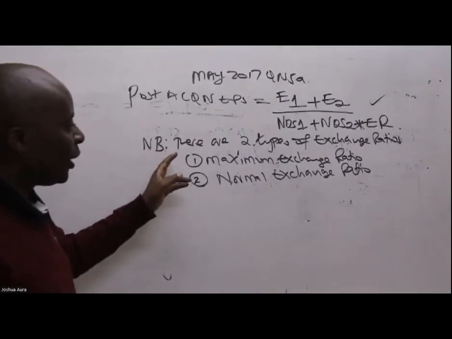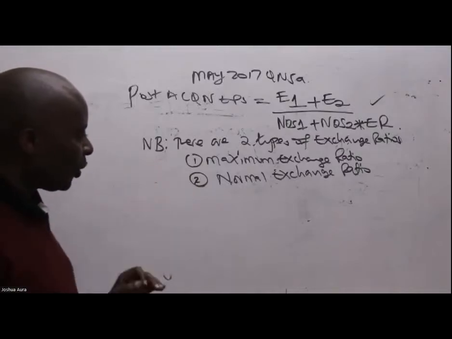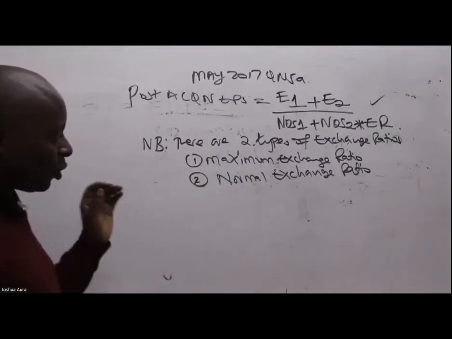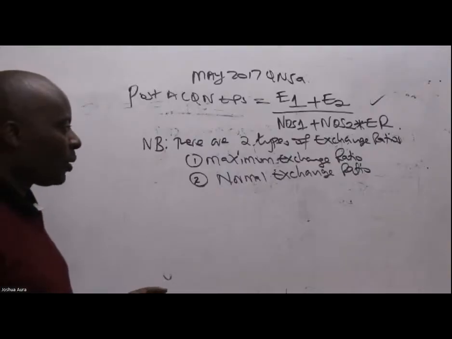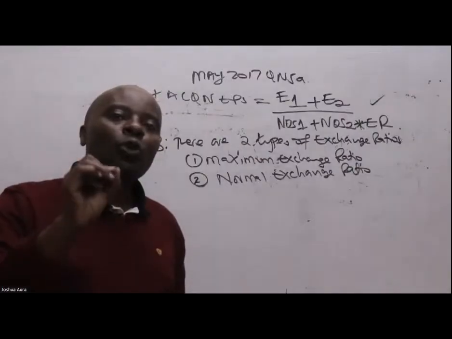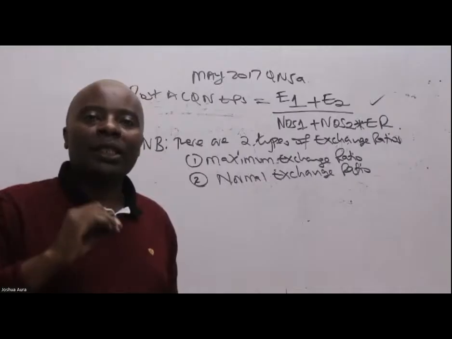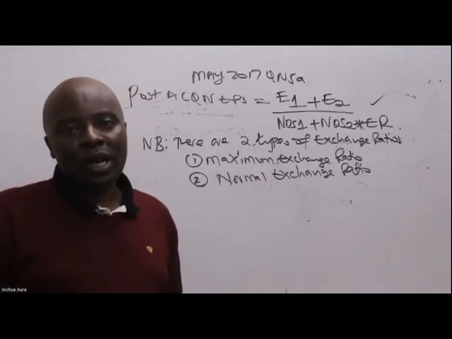Great. So there are 2 types of exchange ratios. Number 1, the maximum exchange ratio. And number 2, the normal exchange ratio. If the examiner specifically asks you to calculate the maximum exchange ratio, there is a formula that I've always wanted you to cram.